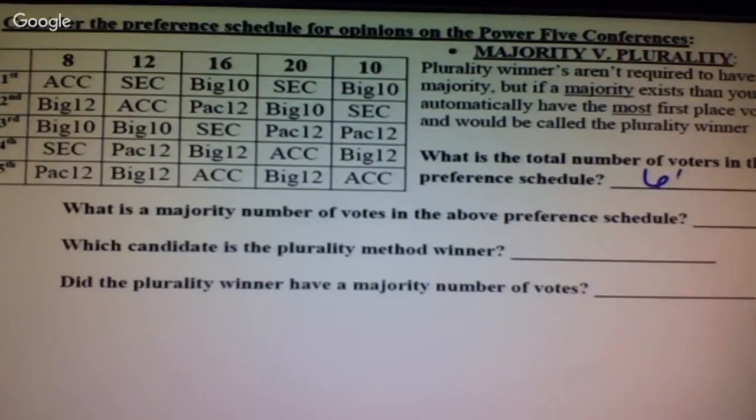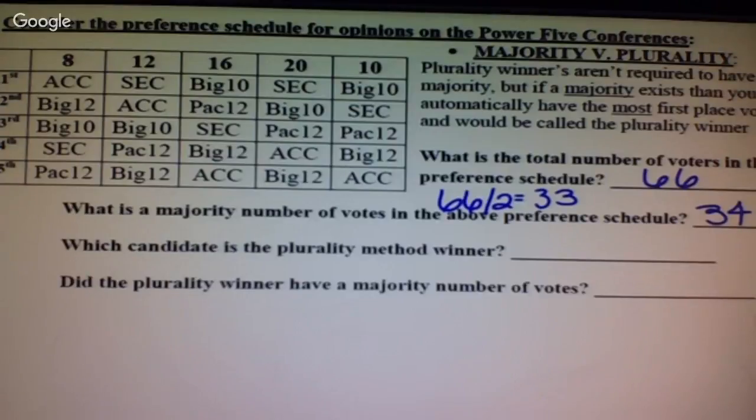Fantastic. There are 66 total voters here. So in order to have a majority, I need how many votes? Remember, more than half. If I cut 66 in half, that gives me 33. And I need more than that, so I need 34.